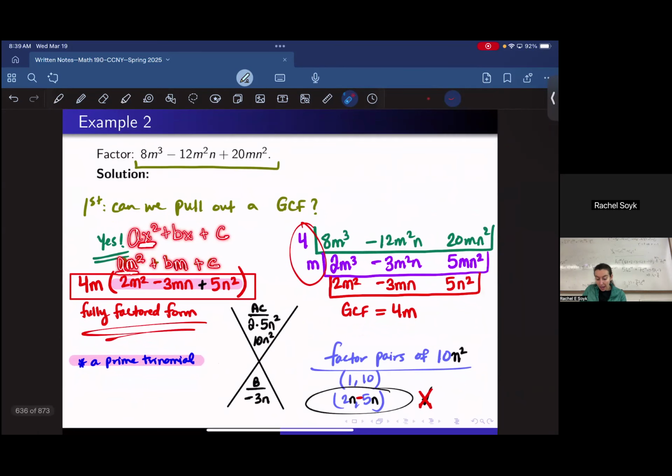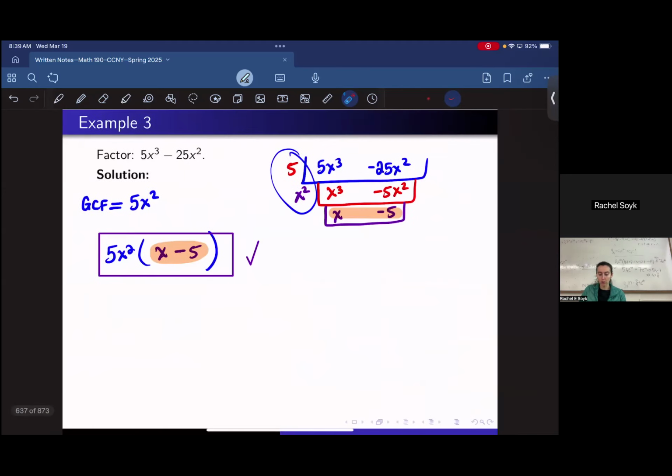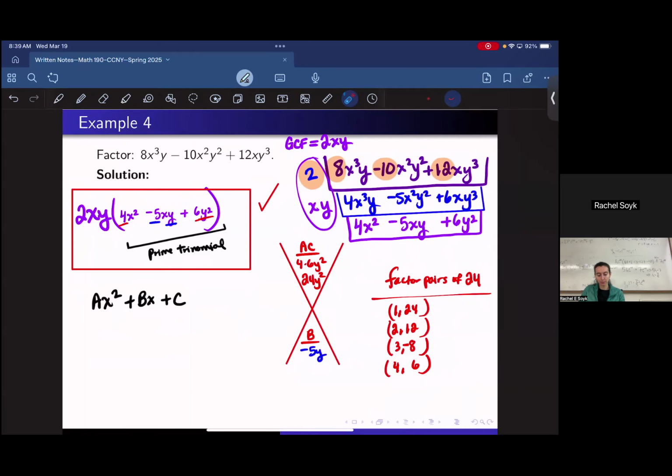And so our a in our am squared is 2. Our b in our bm, well, there's an m here. We're going to cross that out. So our b is negative 3n. And then our c, our constant, is this whole thing, 5m squared. Makes more sense? Yeah. I know, they try to trick you on problems like that.